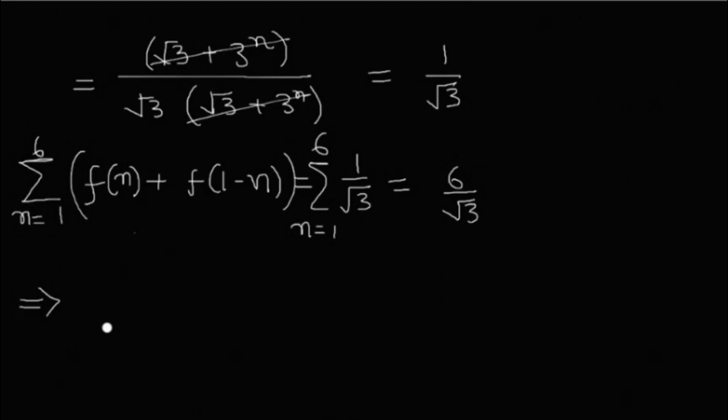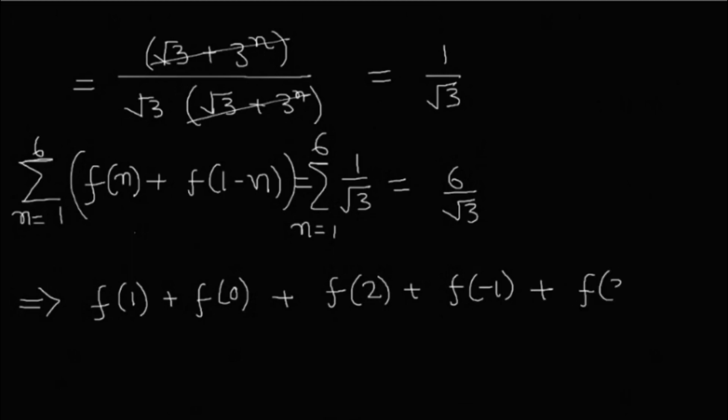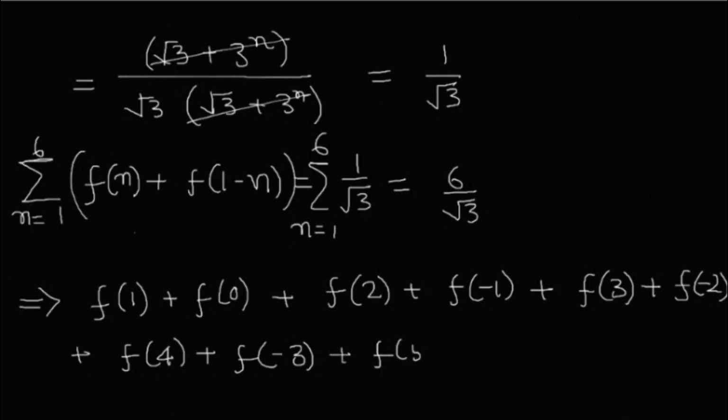Because of the way I've chosen this, you will get all the terms: f of 1 plus f of 0, then f of 2 plus f of minus 1, f of 3 plus f of minus 2, plus f of 4 plus f of minus 3, f of 5 plus f of minus 4, and finally f of 6 plus f of minus 5.